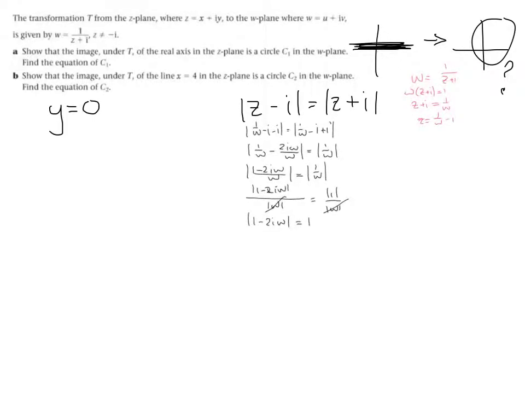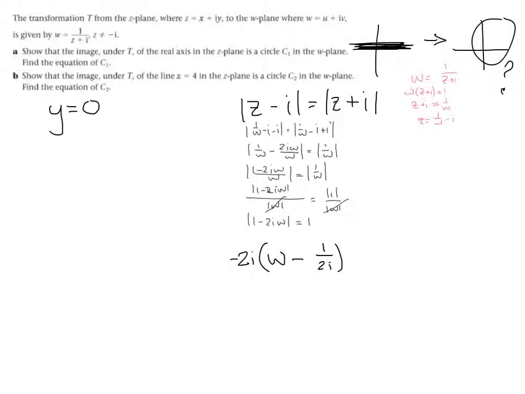I think I need to pull this 2i out, because I want w minus something inside here. So I'll write it as minus 2i lots of w minus 1 over 2i... I mean, minus 1 over minus 2i. I think that's right. Expand that out, then you get minus 2iw plus 1.